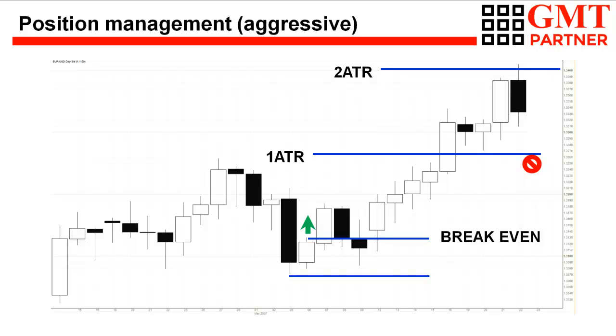Among other things, Alexander Elder also recommends using the second screen of the strategy in order to determine the reference points of take-profit and protective stop-loss orders, as well as to compare the potential risk to reward and make a decision as to whether it is worth opening the trade or not.